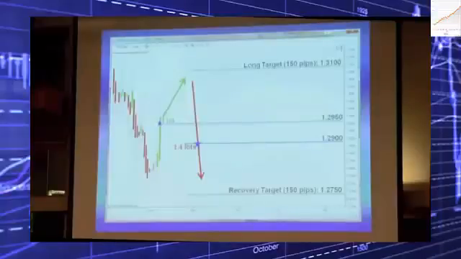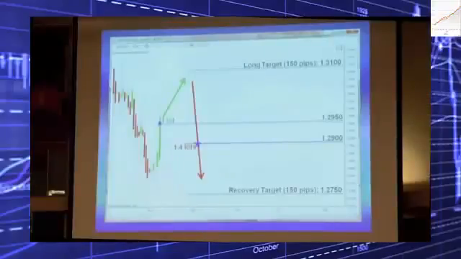So I will be 200 pips down from 129.50 down to 127.50, correct? True or false? True. But at the same time, on 1.4 lots, I will be up 150 pips.